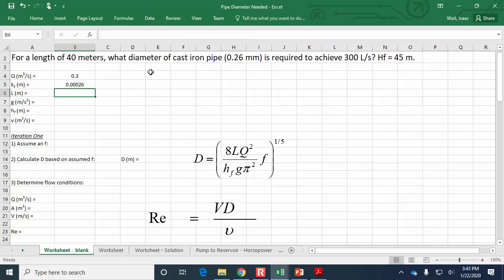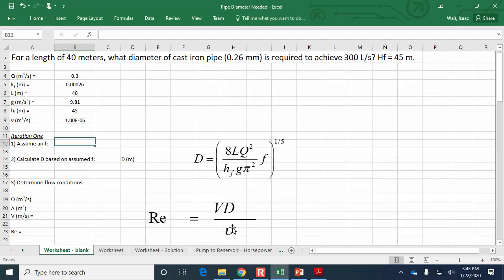The length of the pipe is 40 meters, G is 9.81. The H sub F, the head loss that we know is going to occur, the driving force that's pushing water through that pipe, is 45 meters, and then the kinematic viscosity, which we'll refer to when calculating the Reynolds number, is 1 times 10 to the minus 6th meters squared per second.